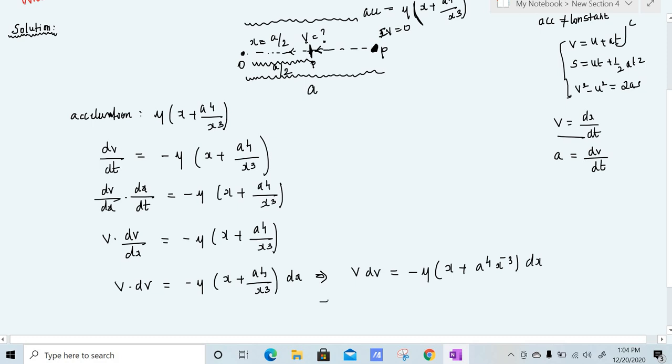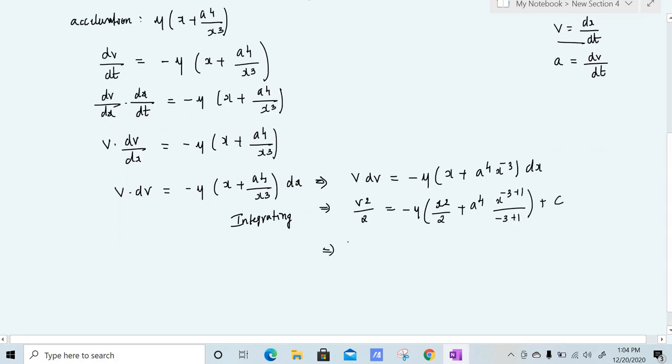Now integrate on both sides. So this will be v²/2 = −μ[x²/2 + a⁴ · x⁻³⁺¹/(−3+1)] plus some integration constant c.